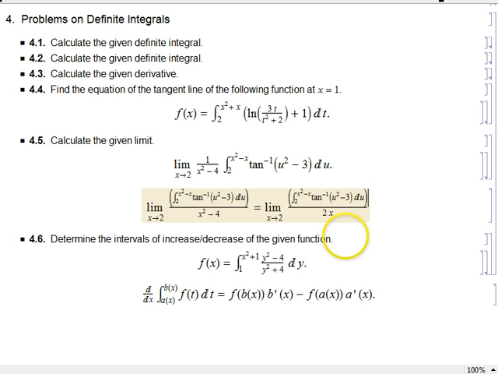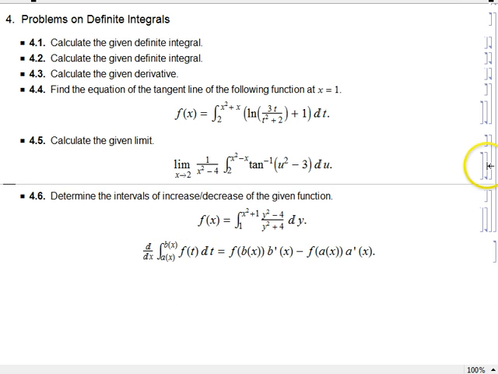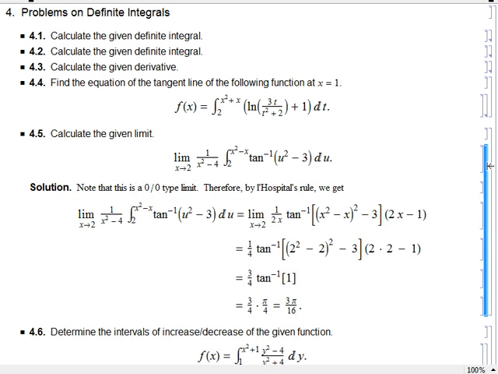The derivative of the numerator is going to be the derivative of this integral, but then again, we know an awful lot about taking the derivative of an integral. Here's a formula given by the fundamental theorem of calculus and the chain rule. So let's go ahead and do that. Let's use L'Hopital's rule. So L'Hopital's rule applies and the denominator becomes 2x.